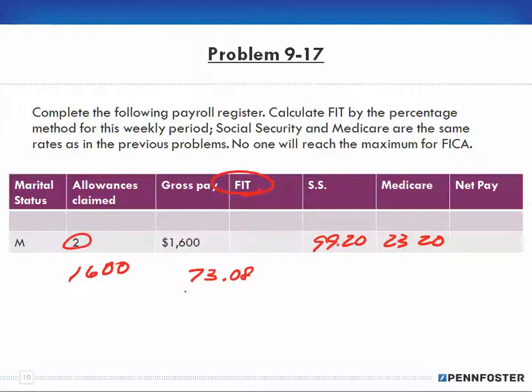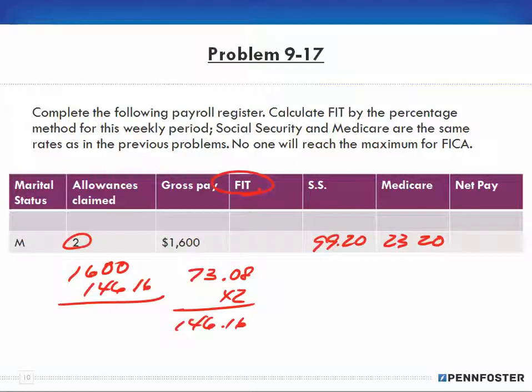Well, we have two allowances, so we're multiplying that by 2. That gives us 146.16. So we subtract 146.16 from the 1,600, and we get 1,453.84.